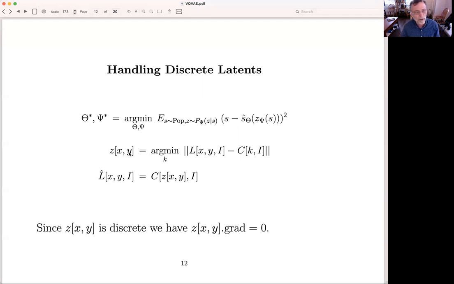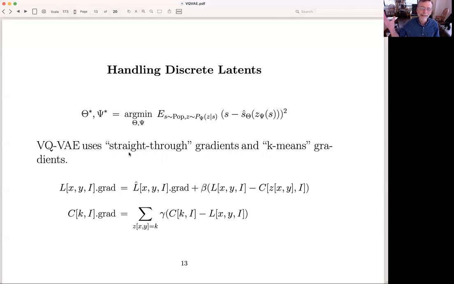And VQ-VAE just has something that seems to work well for this optimization problem. They combine what they call straight through gradients with what I'm calling K-means gradients, because I think it's intuitively correct to think of this as a K-means process. So what's happening here?